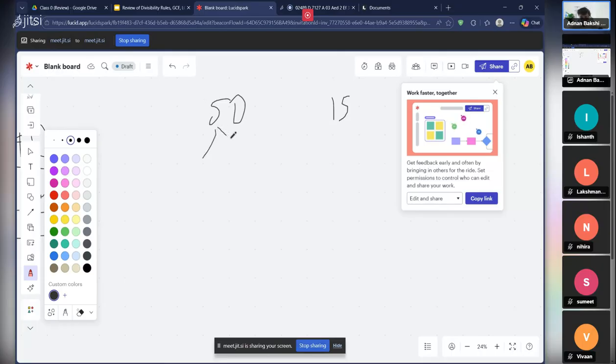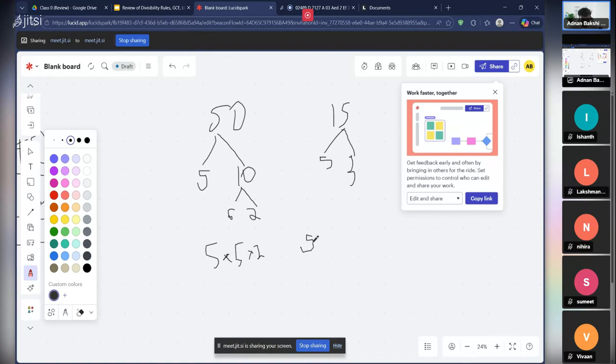So we know that 50 can be divided into 5 and 10, and 10 can also be divided into 5 and 2. So the prime factorization would be 5 times 5 times 2. All right, and 15. Its factors can just be identified as 5 and 3. So it would be 5 times 3.